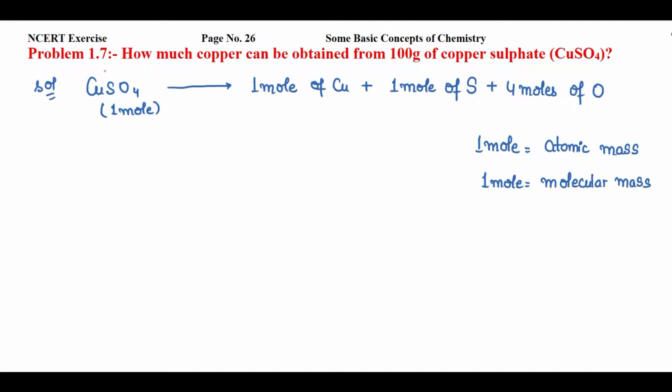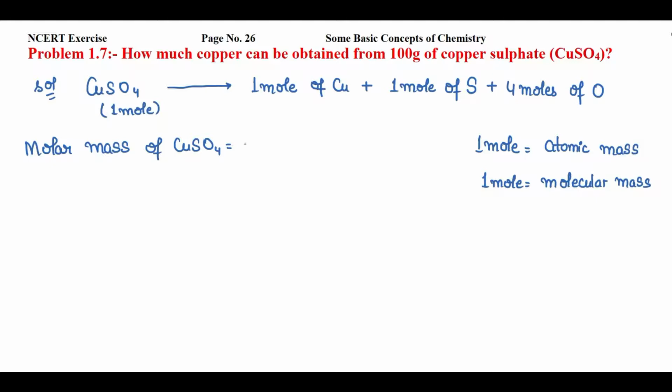First of all, I'll see in 1 mole how much copper sulfate is present. Definitely 1 mole of copper sulfate will be equal to the molecular mass of copper sulfate, right? So first of all, we'll find the molar mass of CuSO4.